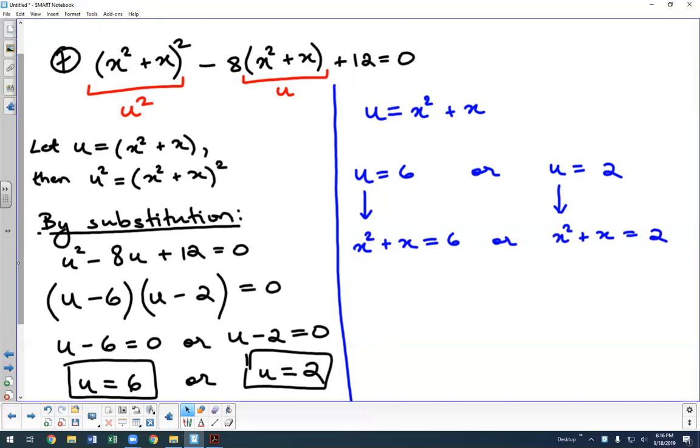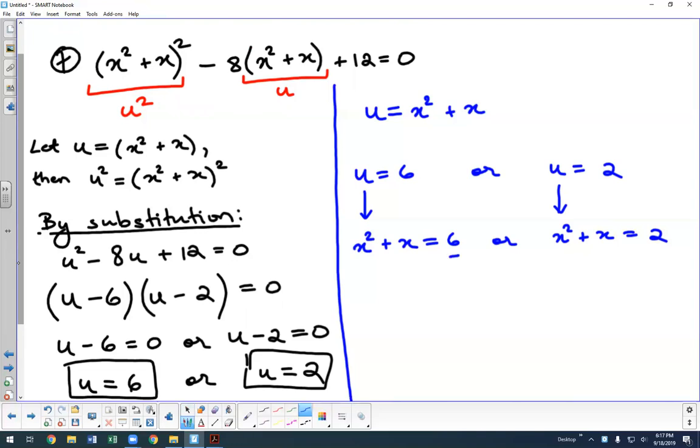Okay. I want you to take a second and think about this. How are we going to move forward from here? We have to set both of them equal to 0, which means we move what? The numbers, the 6 and the 2.